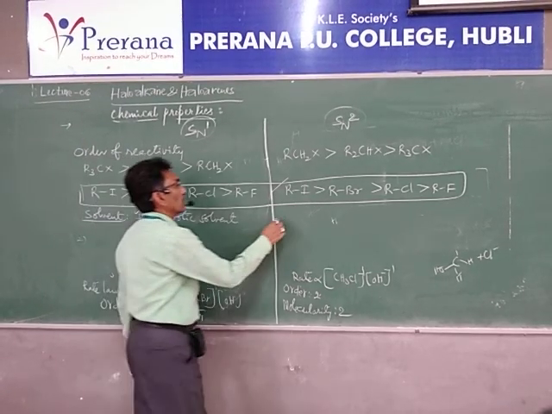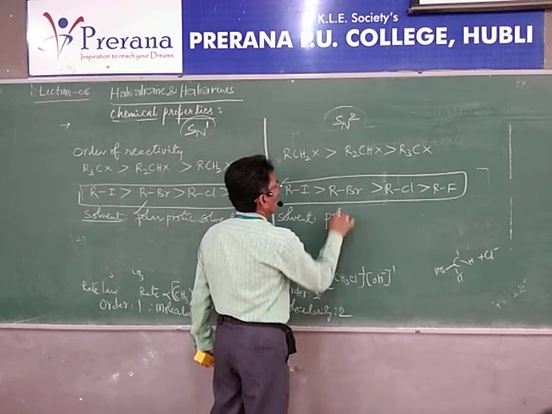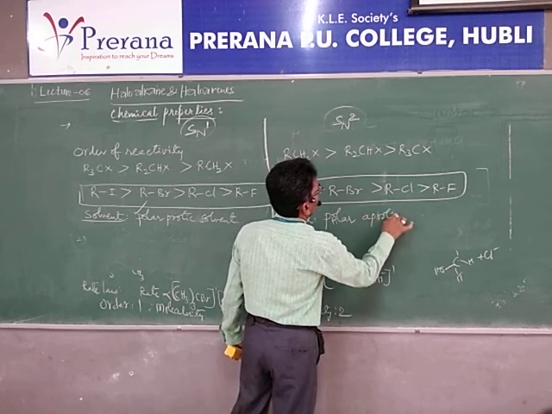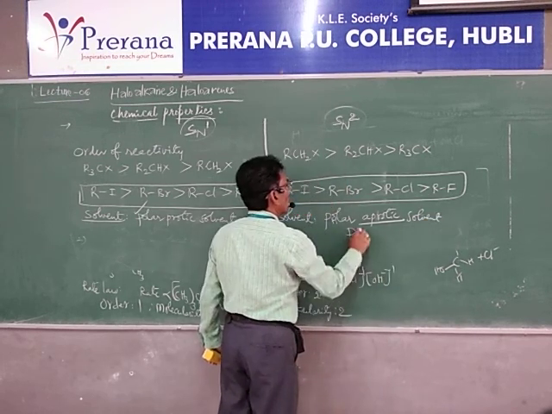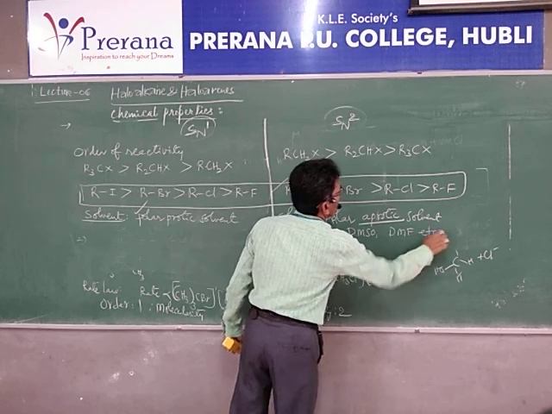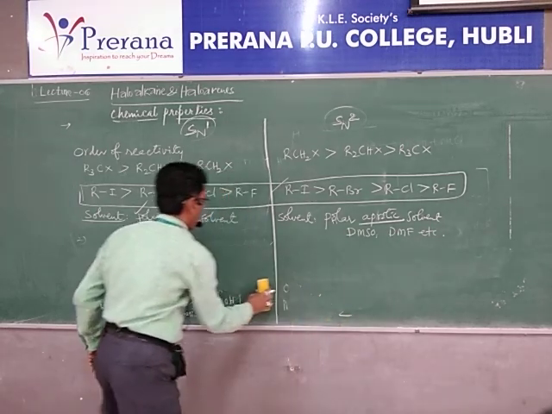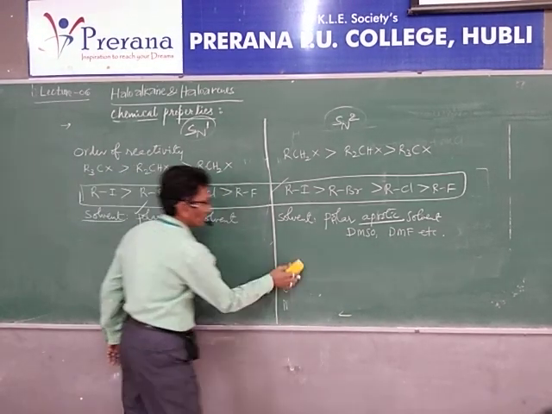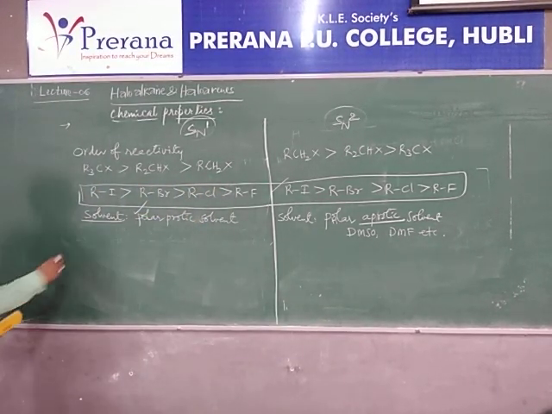Next one, the solvent here is polar aprotic solvent. What is an example? Dimethyl sulfoxide, dimethyl formamide, etc. How will be the nature of the attacking nucleophile?